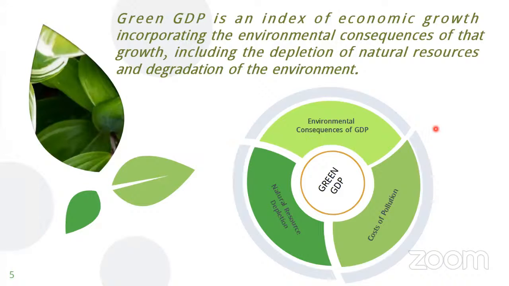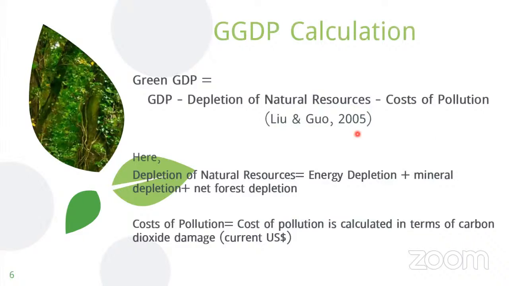Now, the formula that I have taken to calculate the green GDP of Bangladesh is actually taken from a research done by Liu and Gu in 2005. The formula says that green GDP equals GDP minus depletion of natural resources and costs of pollution. The term depletion of natural resources includes energy depletion, mineral depletion, and net forest depletion.